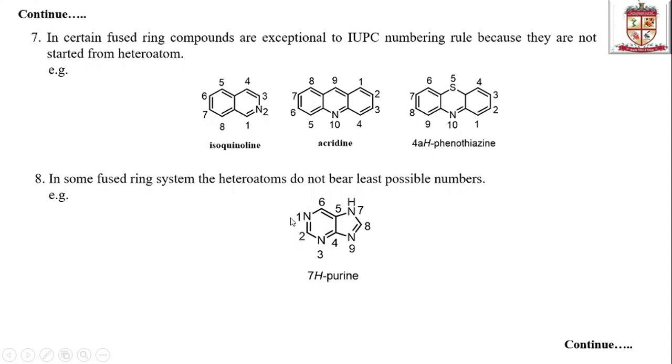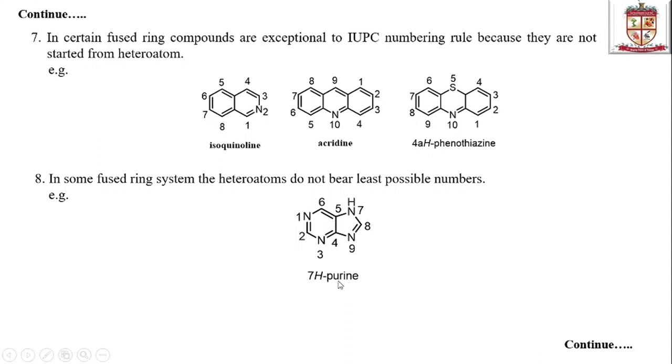As per the IUPAC nomenclature, the heteroatom carries the lowest possible number. But in the case of 7H purine, the 7H is an unsaturated nitrogen which carries the position number 7. That's why 7H is shown here.